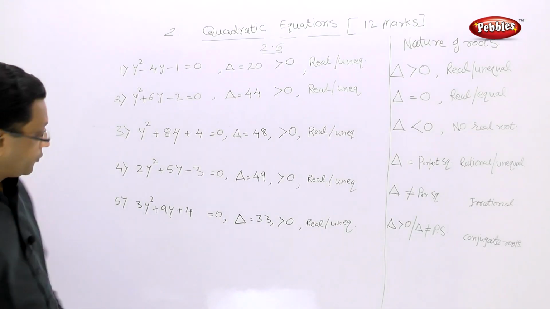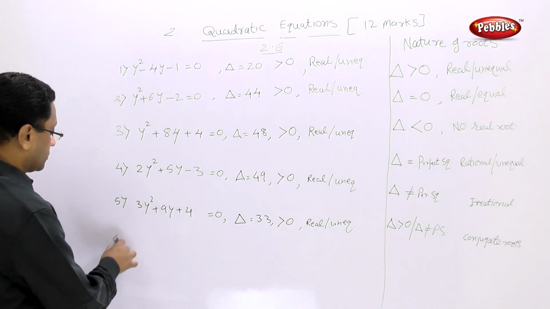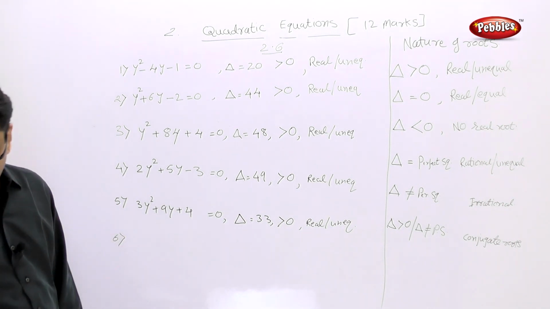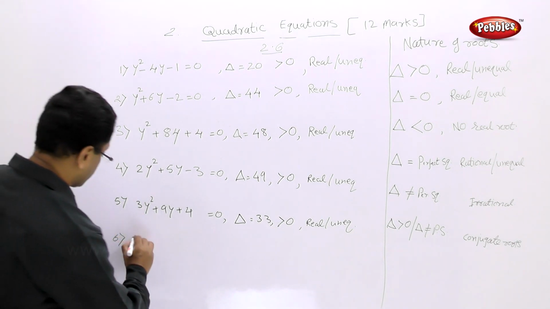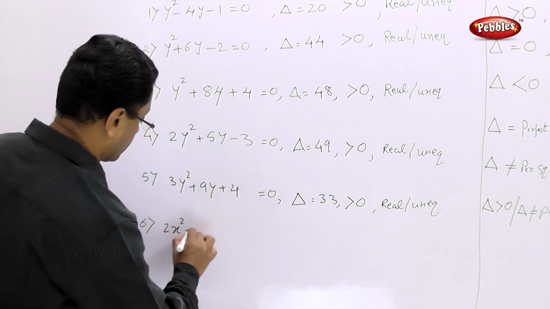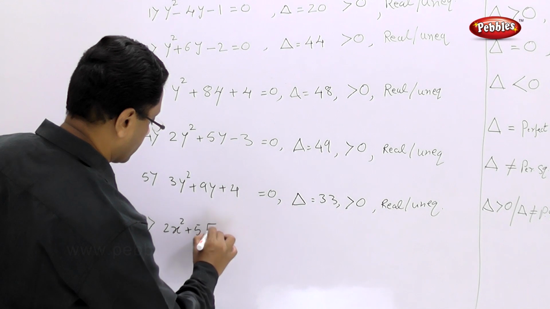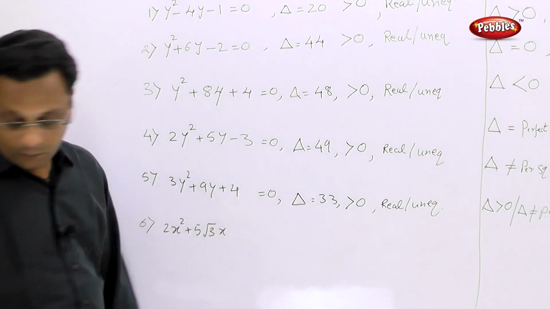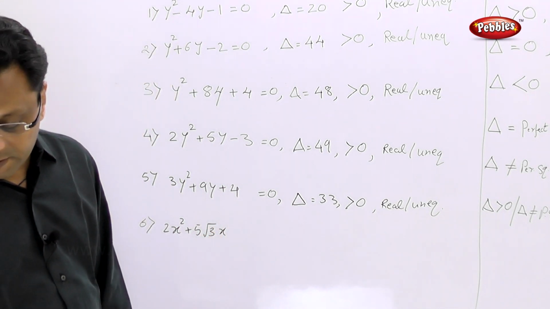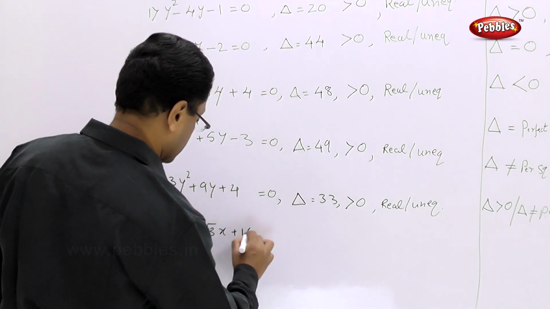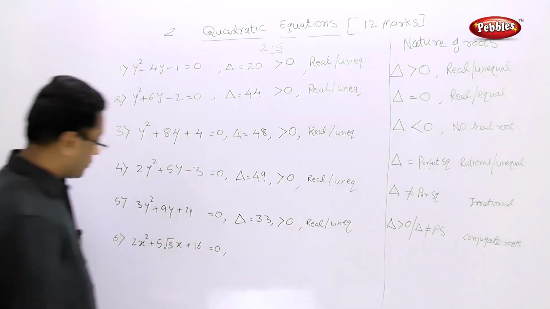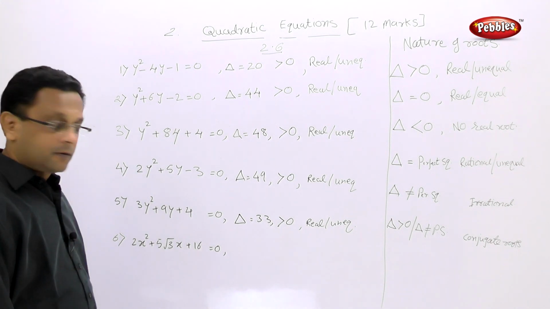Let us go for the sixth example: 2x square plus 5 root 3 x plus 16 equal to 0. Find the value of delta. Pause the video.